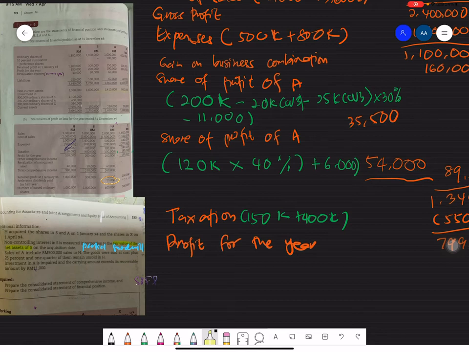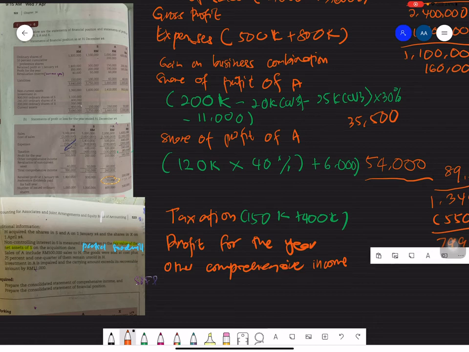So we can actually write here: other comprehensive income, or OCI. The other comprehensive income is actually the revaluation surplus.